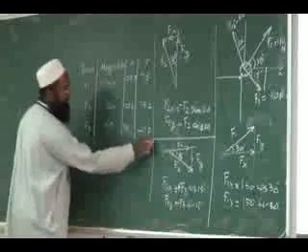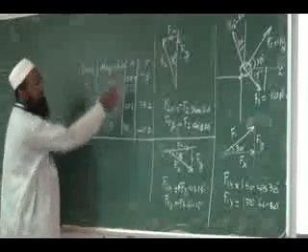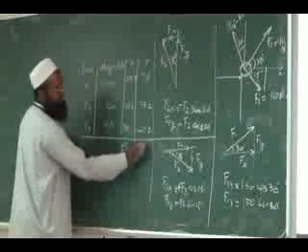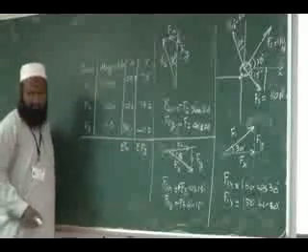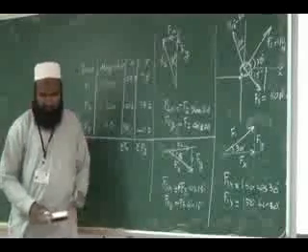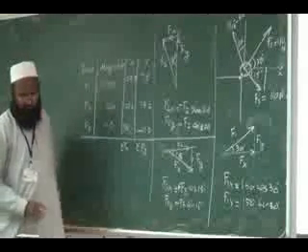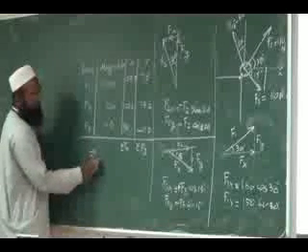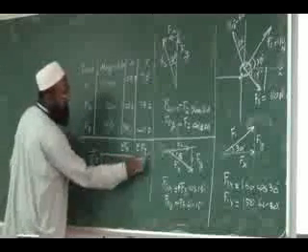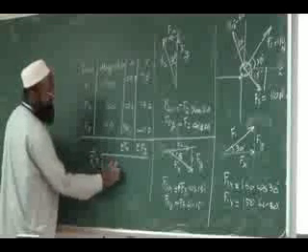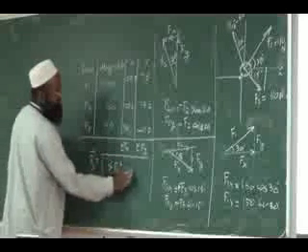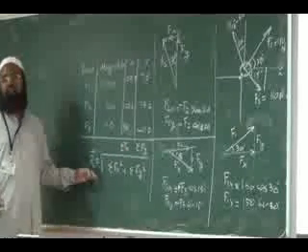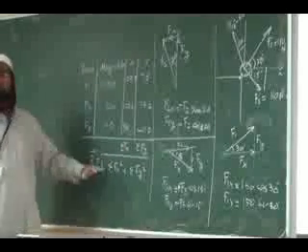Now we have to sum up. Find out sigma fx, sigma fy. Then the resultant you can find by applying Pythagoras theorem.